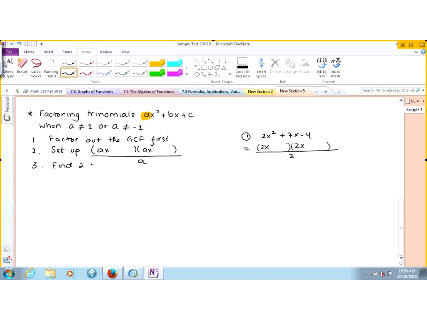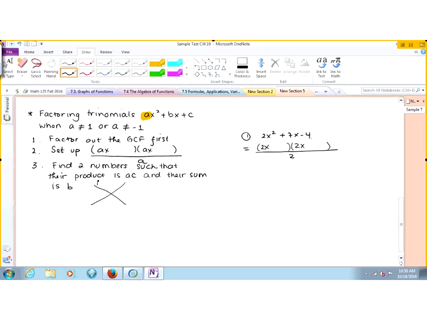Now, 3, we find 2 numbers such that their product is AC and their sum is B. So that's what you want to do.